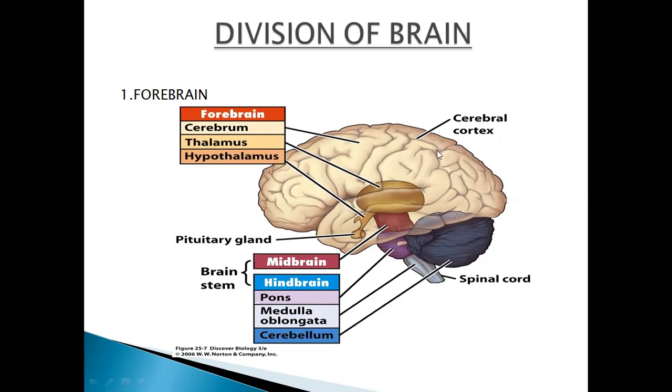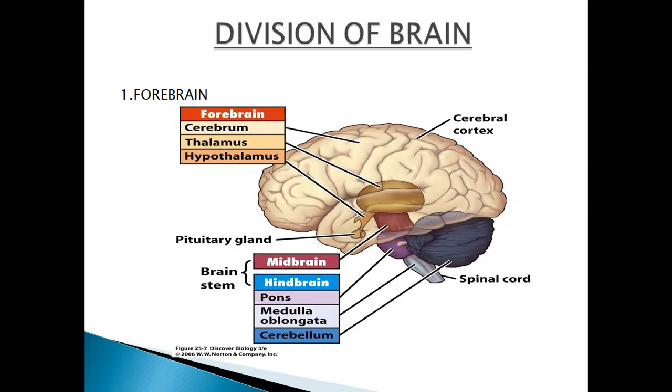Beneath this layer is the white matter of the nervous system, which consists of myelinated axons. So myelinated and non-myelinated axons are present here in the form of white matter and gray matter. The cerebral cortex has a large surface area.